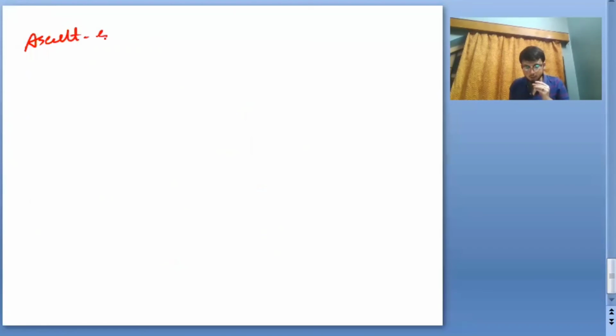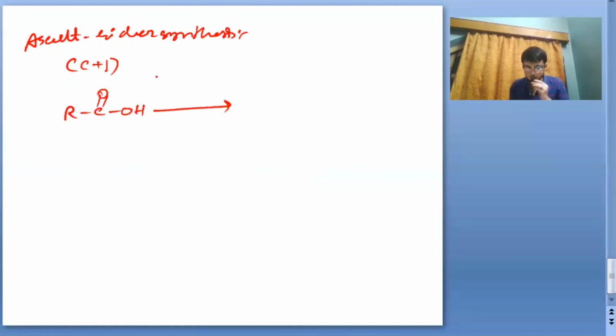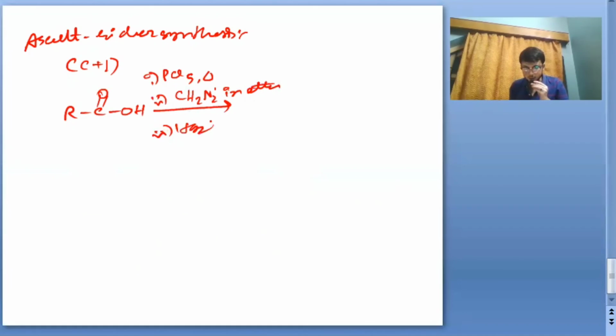Arndt-Eistert synthesis. So I am telling you this is a C+1 reaction. So what happens here? If we react a normal carboxylic acid with, you have to remember the reagents, because here many reagents are present. That is PCl5 heat, CH2N2 in ether, and also Ag2O, H2O, and also heat.